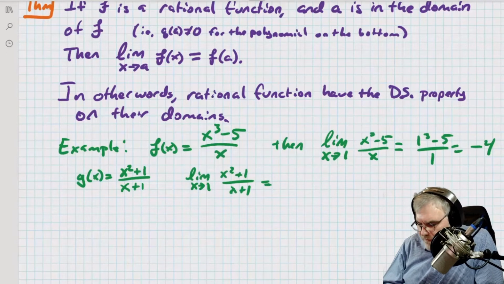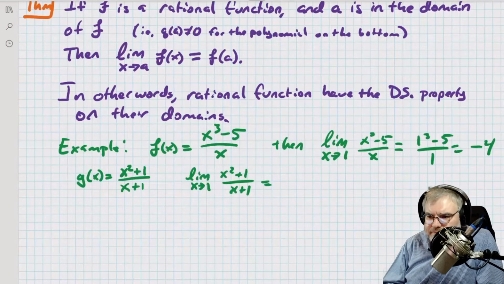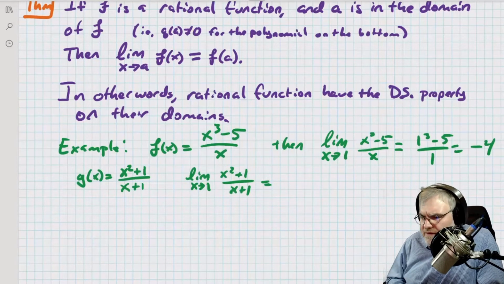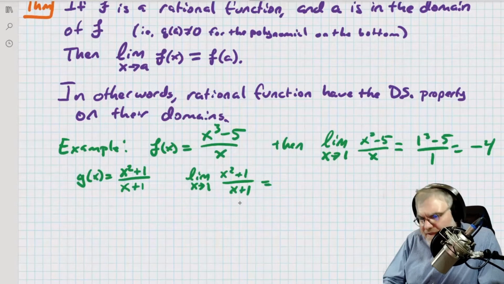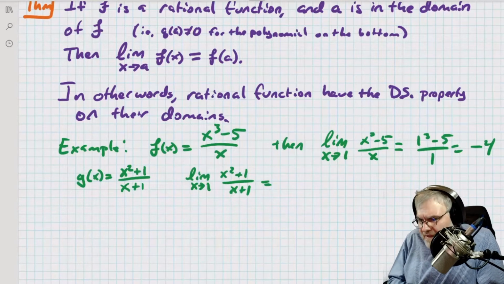Well, where is this thing not defined? Where am I in trouble in this function? Is it at positive 1? No. Positive 1's fine, right? It's negative 1 that this thing's not defined at. If this was negative 1, I'd be in trouble, but this is positive 1. I can deal with that.